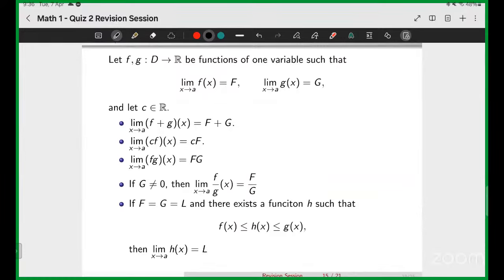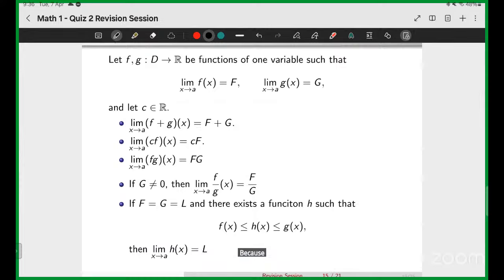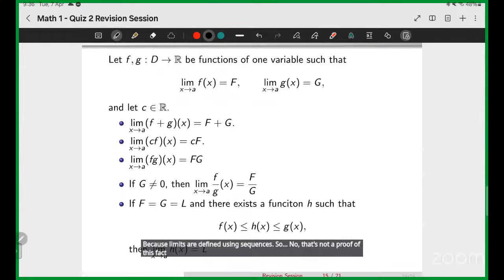Limits, properties of limits. These mimic the properties of sequences as one would expect, because limits are defined using sequences. That's not a proof of this fact, but it follows in the same fashion, and you have a similar sandwich lemma.